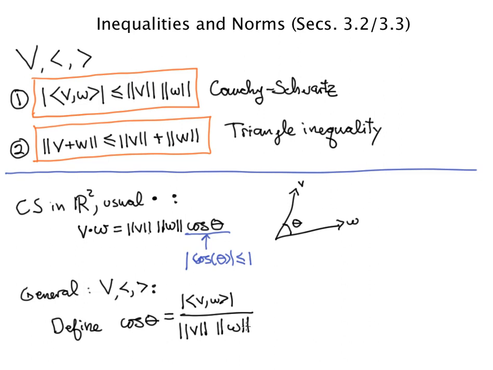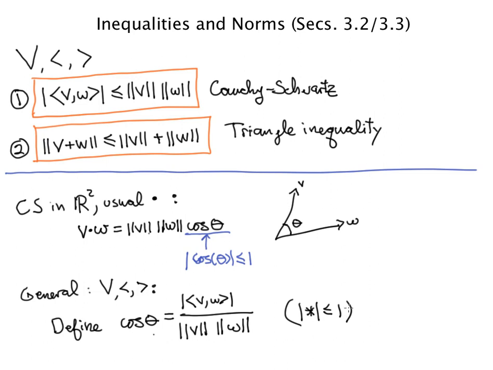What do I mean by that? Well, we just have an arbitrary vector space with an inner product, and there isn't really a notion of angle yet, and this is how you define it. And this makes sense because the absolute value of this right-hand side is less than or equal to 1.